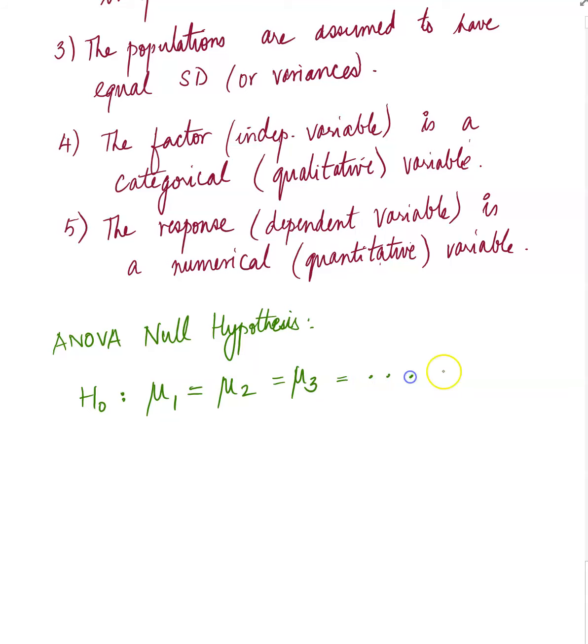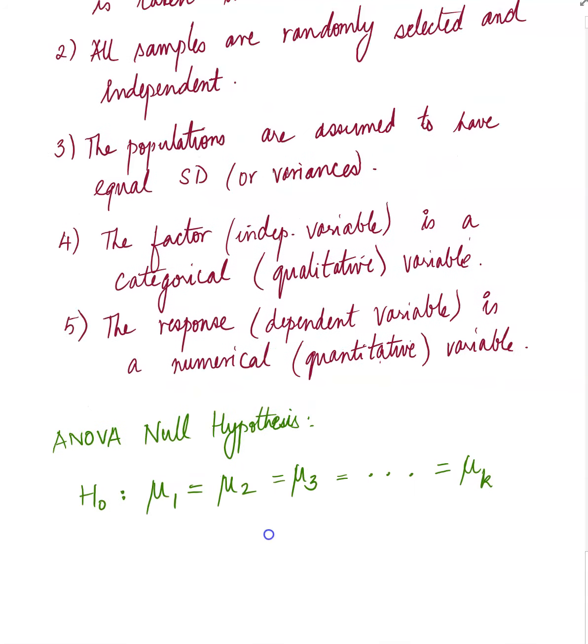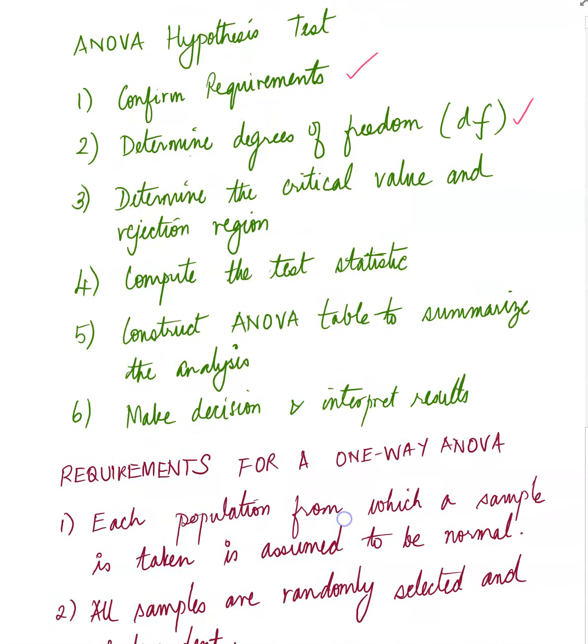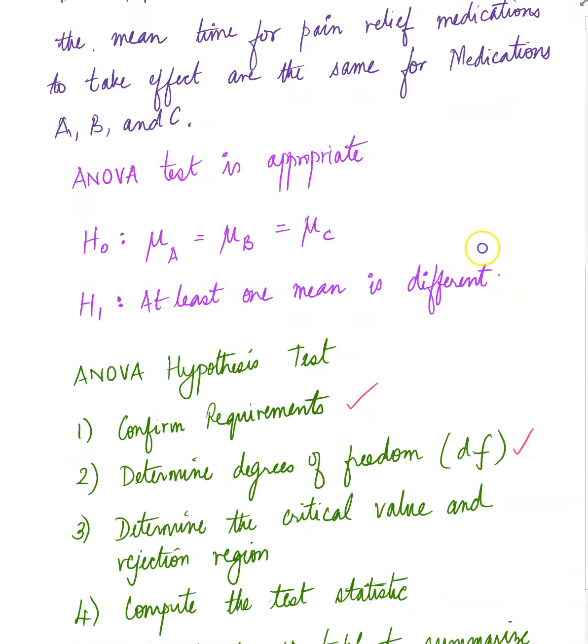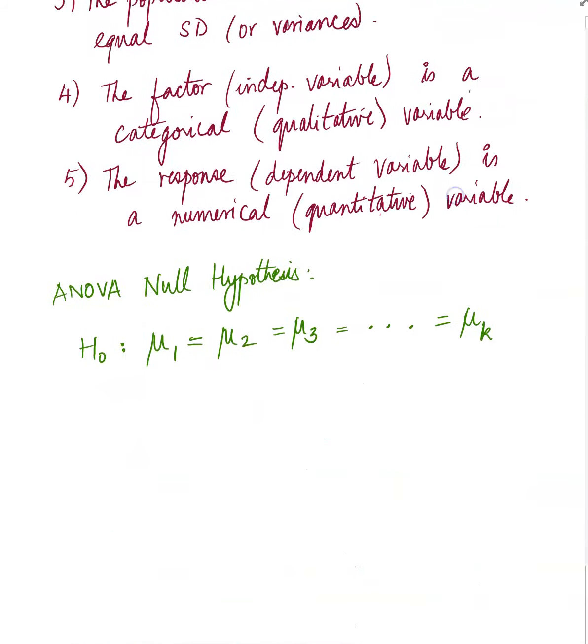You can have only a finite number of such means that you're comparing, so it's all the way up to mu k. K is some finite number. Now, in our example before, your k was 3, in that medication problem. So you just had 3 of them, mu A, mu B, and mu C, and the 3 of them were set equal to each other.